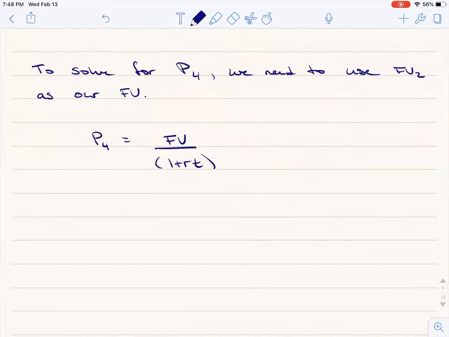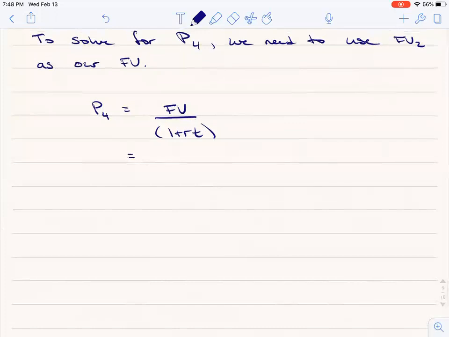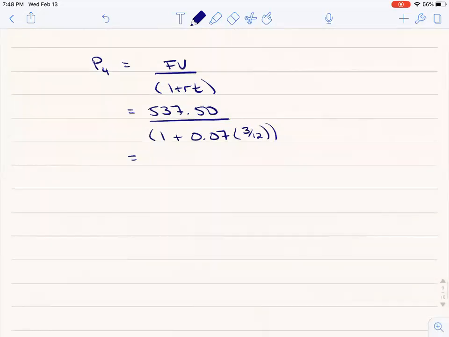I'm using that because we solved for it once already. Future value 2 was 537.50 divided by 1 plus 0.07 times 3 over 12, which is 528.26.